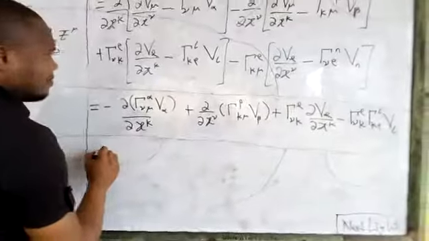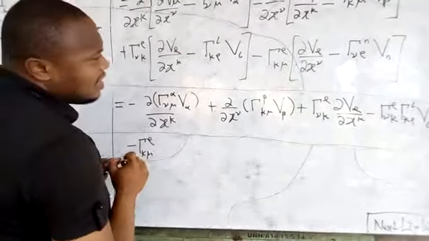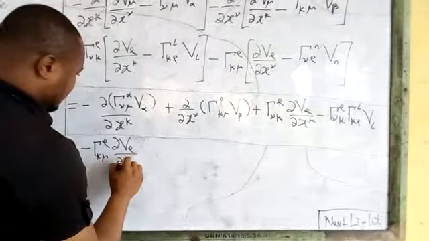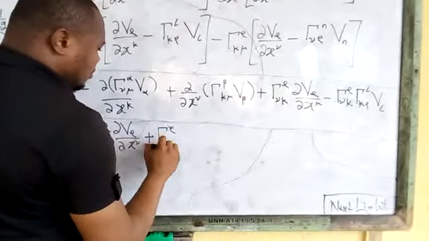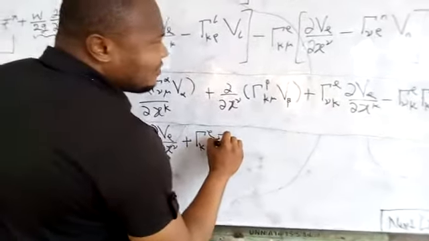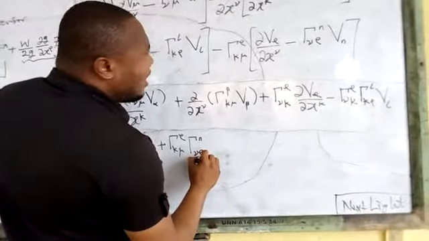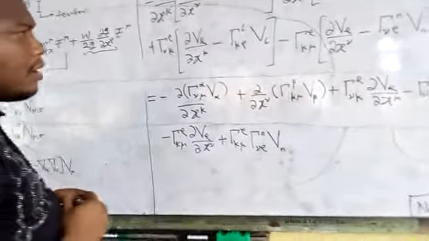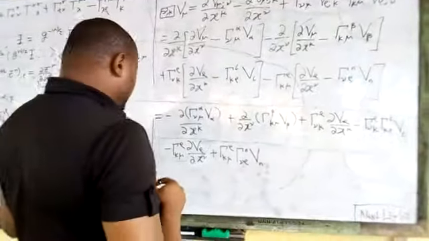Next, I have there with me minus gamma rho k mu, and then I have here the dv rho, the dx nu, plus gamma rho k mu, and I have gamma here with me, n nu rho, and so I have v sub n. Yes. Okay, everything seems to be in order.